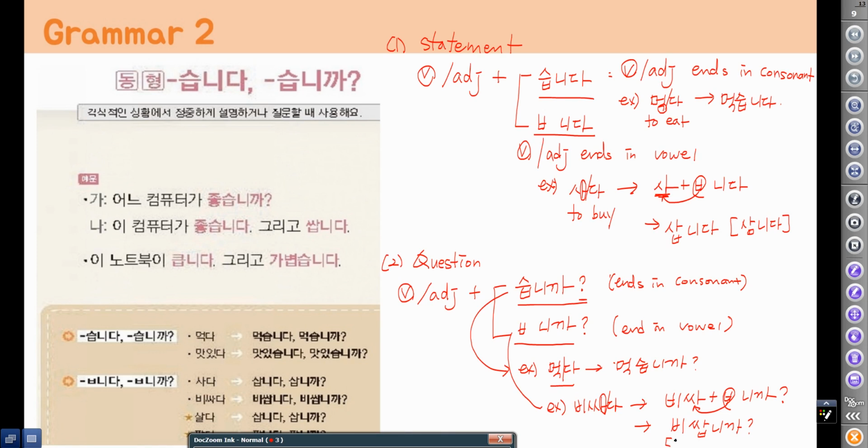When you pronounce it, 비쌉니까, it changes to 미. Okay, that's how you conjugate. So remember, very formal, polite ending. For statement, 씁니다 or 비읍니다. Question, 씁니까, 비읍니까.